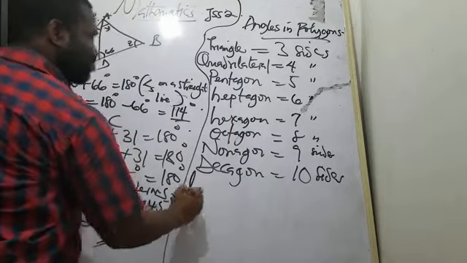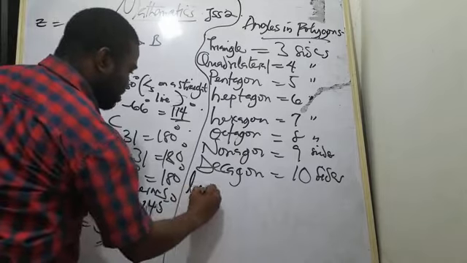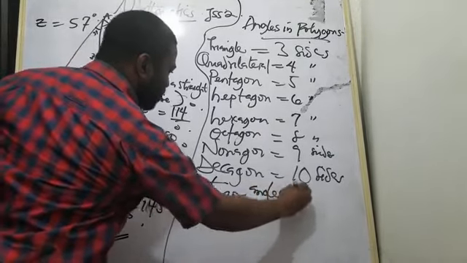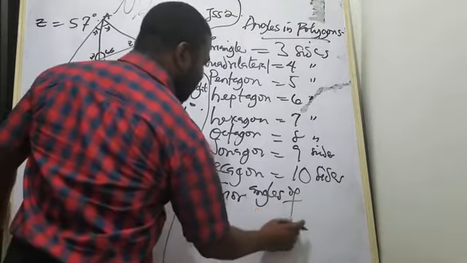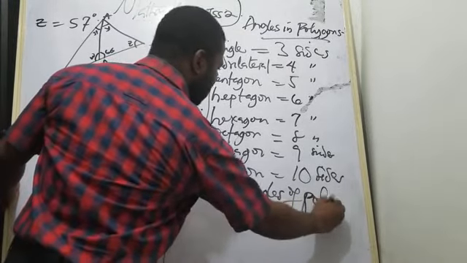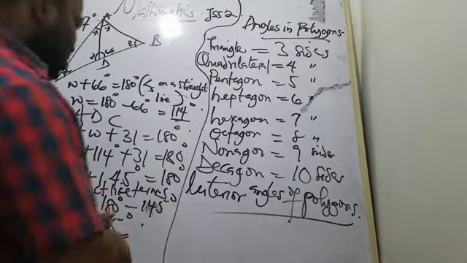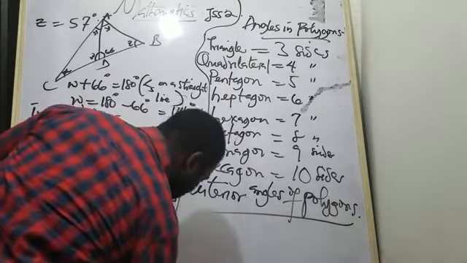Now this brings us to interior angles of polygons. Now, how do you calculate interior angles of polygons?